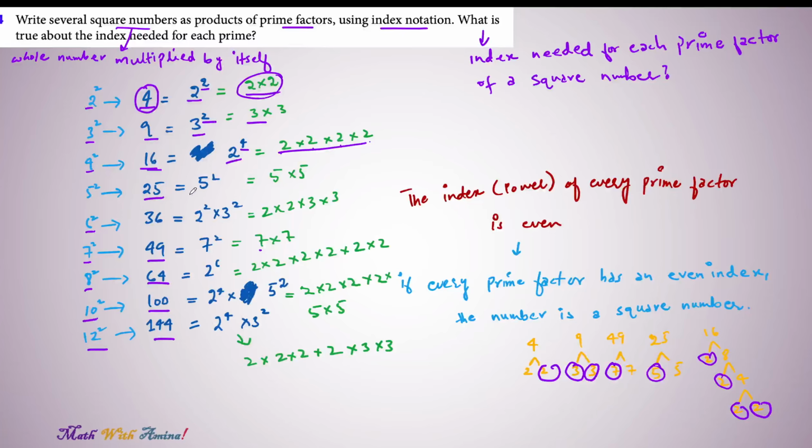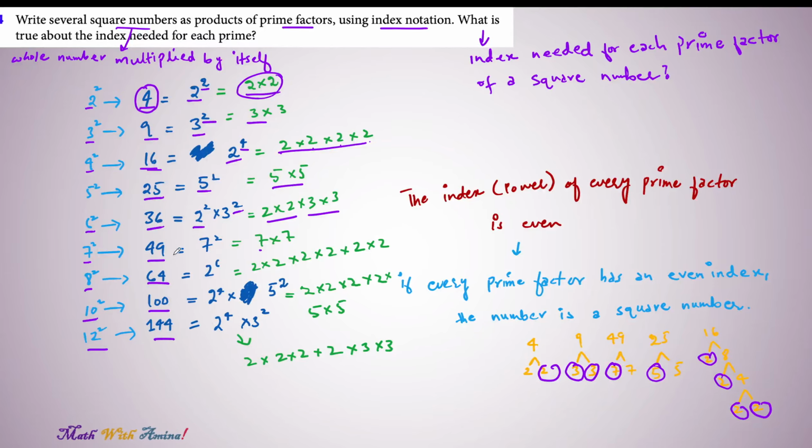For the square number 25, 5 multiplied by 5, this number is written as a product of prime factors. 36 is the same, 2 multiplied by 2 multiplied by 3 multiplied by 3. So in the index notation, it is 2 raised to the power of 2 multiplied by 3 raised to the power of 2. The two different bases are expressed in multiplication and their indices are mentioned. Here, 5 would be the base and the power would be 2.